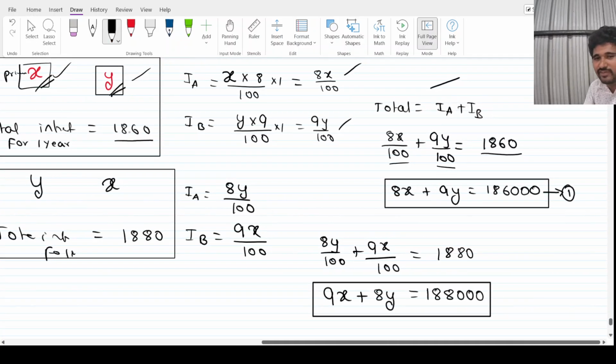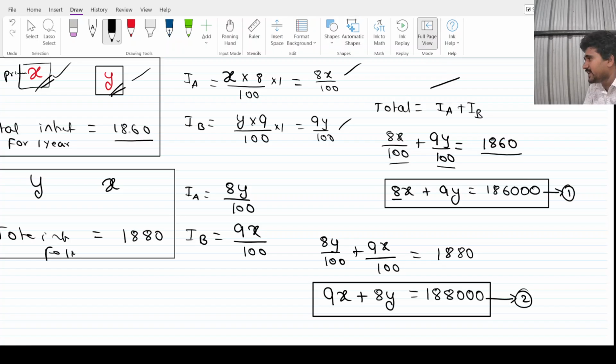Understood? This is your equation number 2. We have to solve this. Which methodology will we use? A special case. x had a coefficient 8, y had a coefficient 9; here y has coefficient 8 and x has coefficient 9. Special case, right?